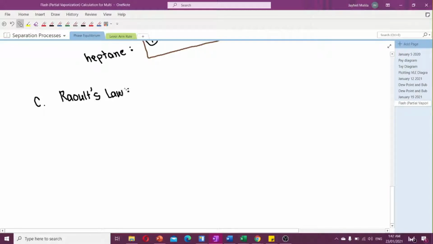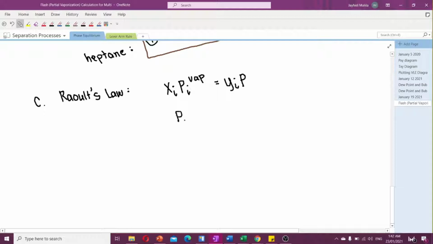So remember that Raoult's law is xi pi vap equals yi multiplied by P. For us to make use of the K values, we need to re-express the equation in terms of the ratios of the mole fractions of the vapor with respect to the liquid phase.